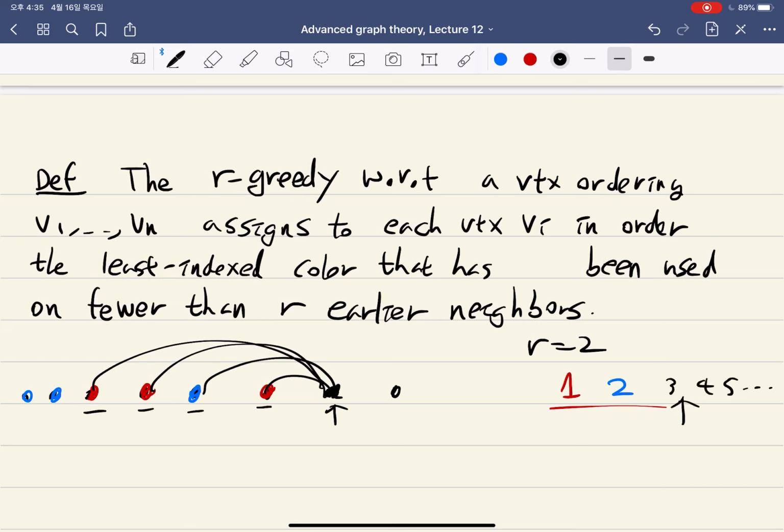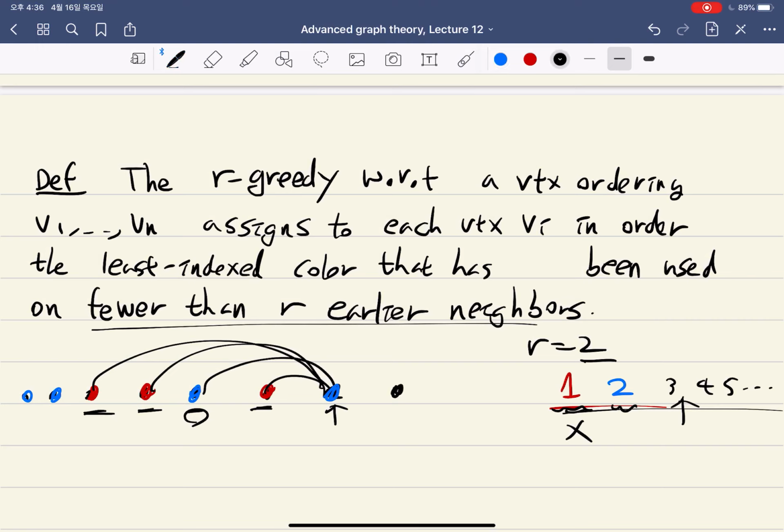Let's say there are infinitely many colors with the ordering. You check whether each color is used fewer than R times on the neighbors. So red is used 3 times, so red is out. But blue is used only 1 time. 1 is smaller than 2, so we give the blue color.